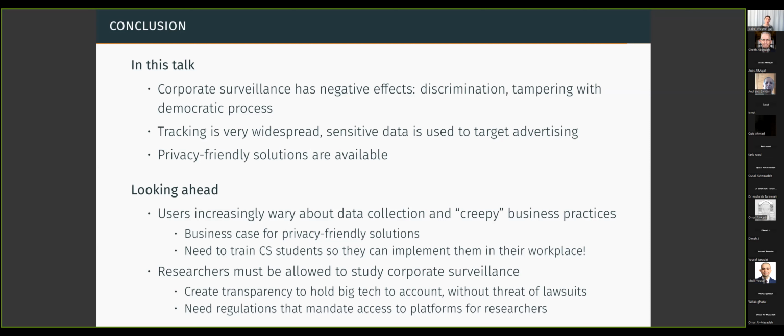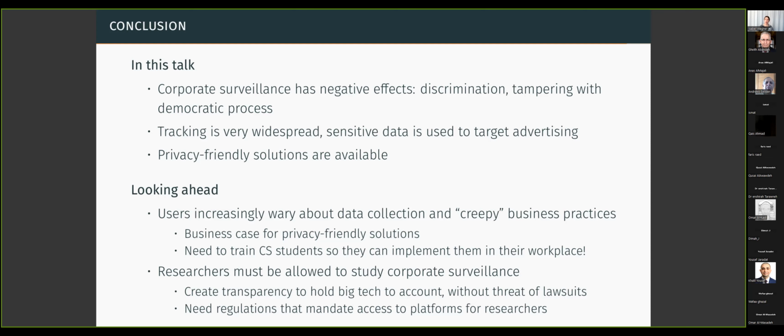it's increasingly the case that users are more and more concerned about data collection practices. And they get especially concerned when things appear creepy. Like they get ads corresponding to a conversation they had the last day. So this increasing concern on the user side might actually create a business case to implement more privacy-friendly solutions.